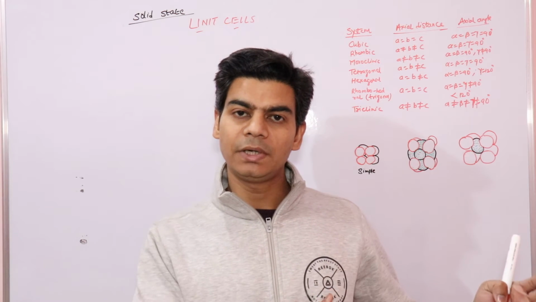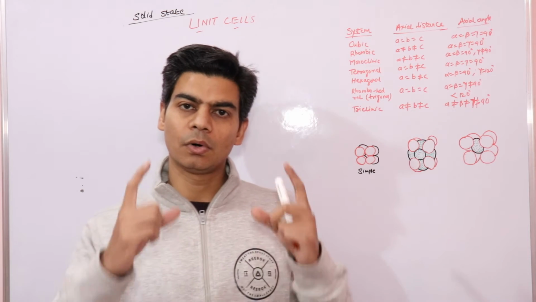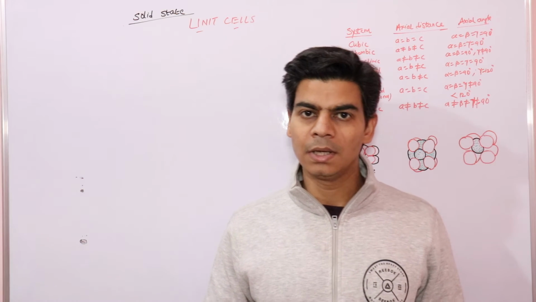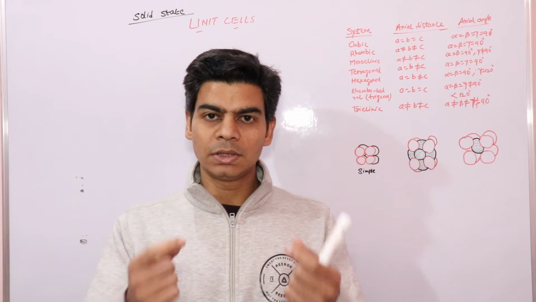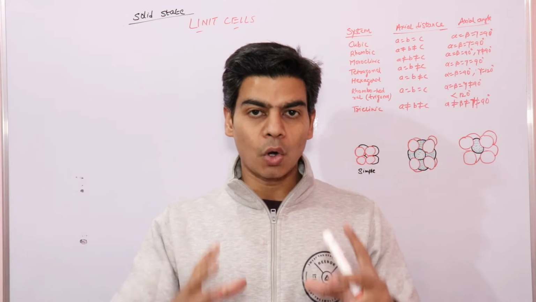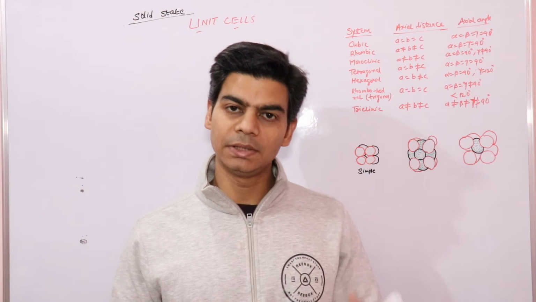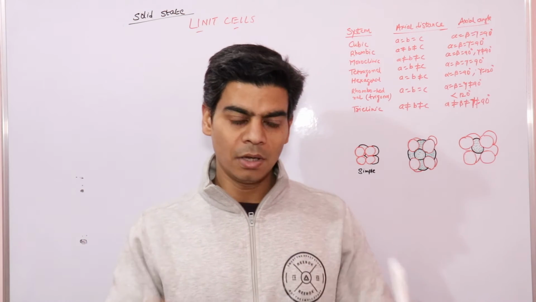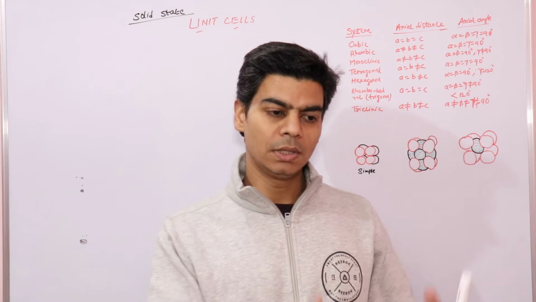The reason for their definite geometric shape is that the constituent particles in crystalline solids are arranged in a definite geometric fashion. If, using some experimental techniques, we see what this definite geometric fashion is, and we draw this geometric pattern showing the arrangement of particles in three-dimensional space in the form of points, what we get is the crystal lattice.